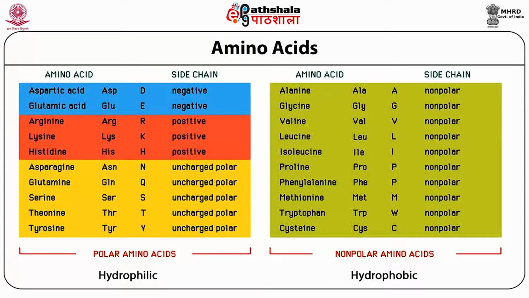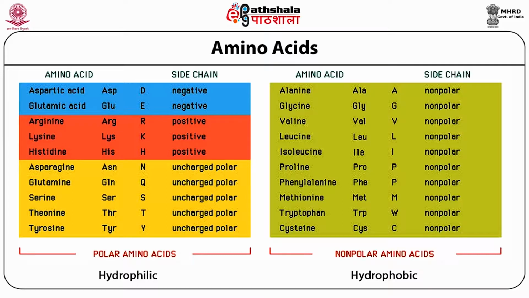Amino acids can be majorly classified into two types, hydrophilic and hydrophobic. Some amino acids belong to the hydrophilic class, that means polar amino acids, whereas a certain class of amino acids belongs to hydrophobic, which is also known as non-polar amino acids.